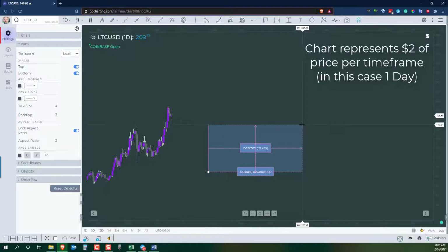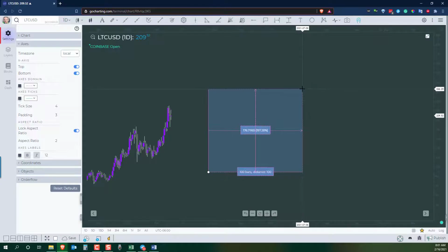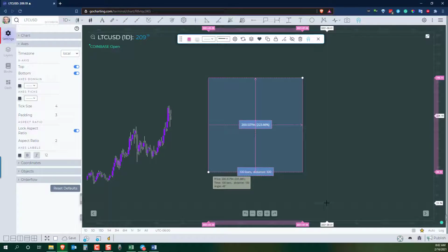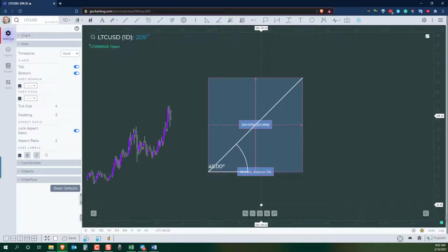So if we went 100 bars by 200, what do we get? A perfect square. Look right there, angle 45 degrees. That's why Gann said 45 is important.